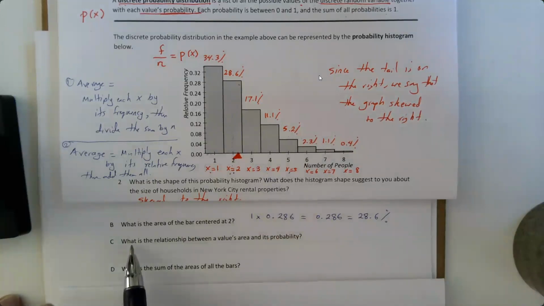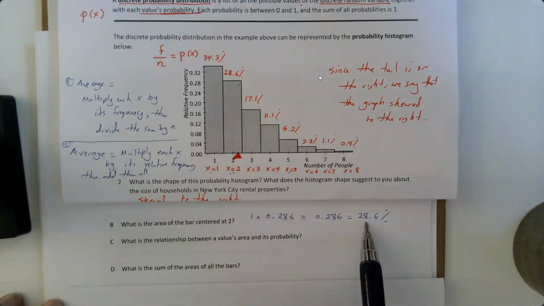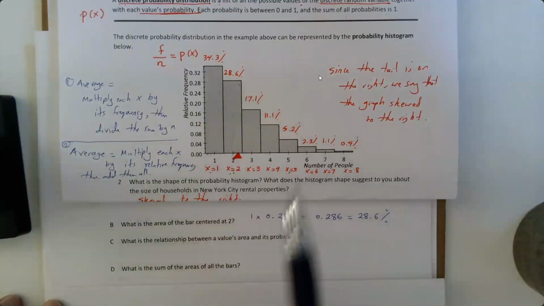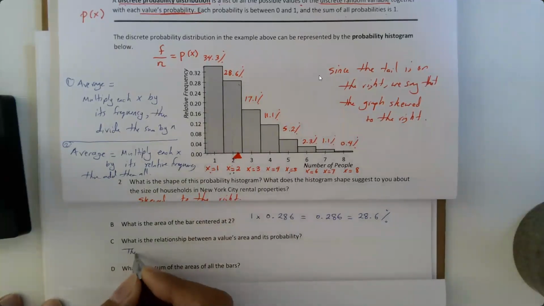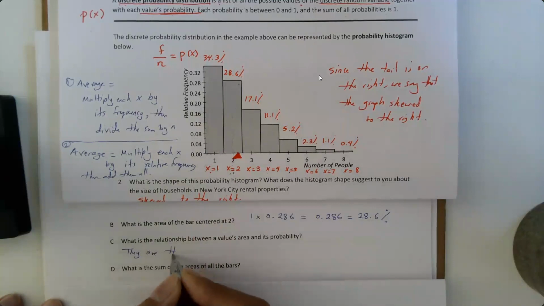Question says, now what is the relationship between a value's area and its probability? As we see, the area and probability are the same.